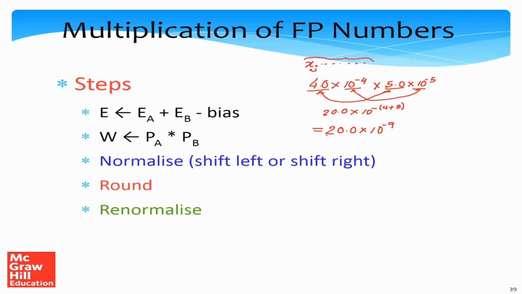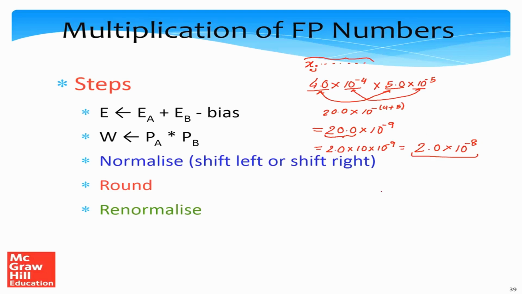Note that after the multiplication, the result obtained by multiplying the significants is not in the normal form. To bring it to the normal form, we make it 2.0 times 10 times 10 raised to the power minus 9, which is 2.0 times 10 raised to the power minus 8. So then this comes back to the normal form.